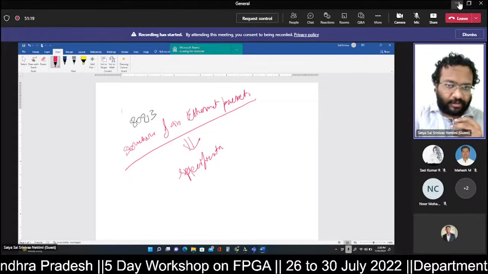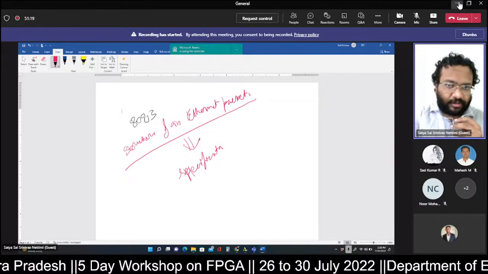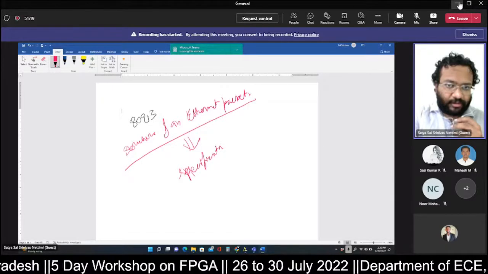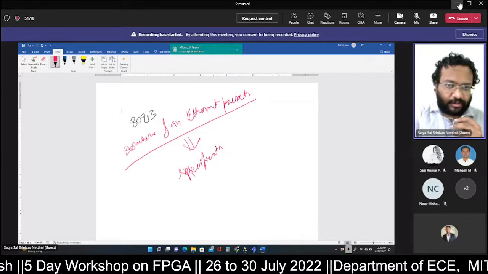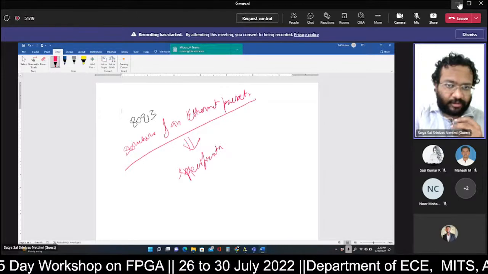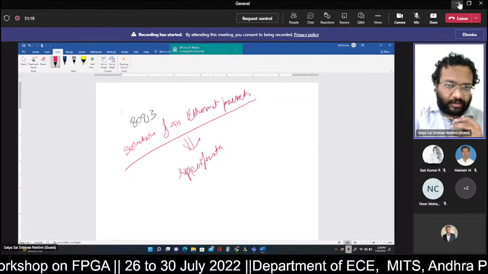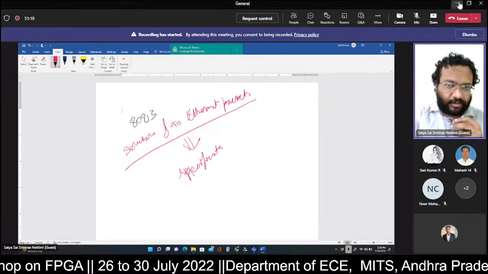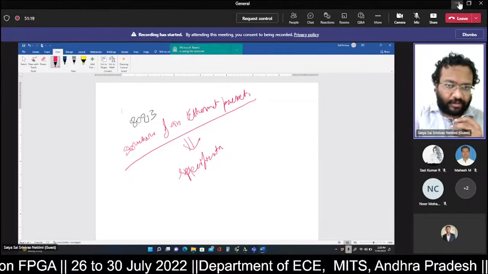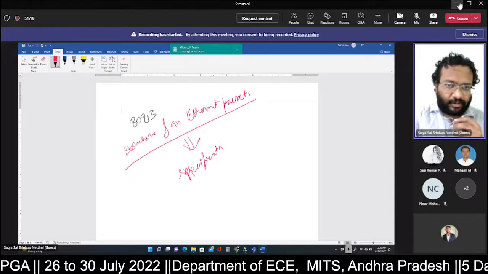Next we have the destination MAC address, then the source MAC address.